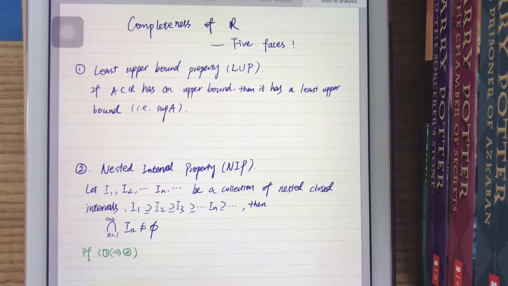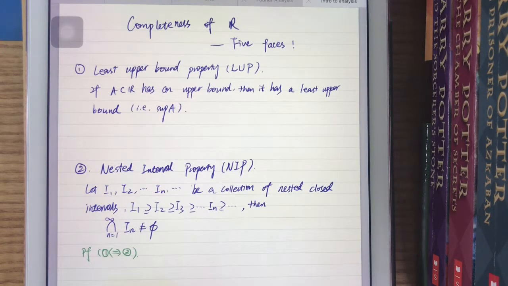Actually, for real numbers, we have several axioms, and one of them is the axiom of completeness, right? And here in this video, I'm gonna show you the completeness of real numbers, and you may notice that I wrote that it has 5 phases. Well, what does 5 phases mean?